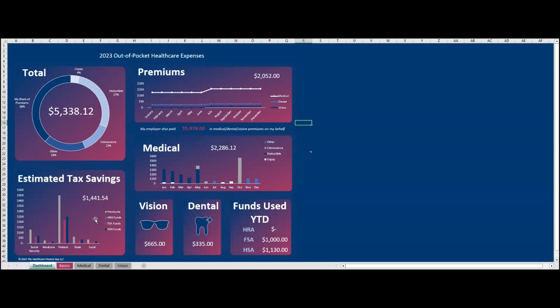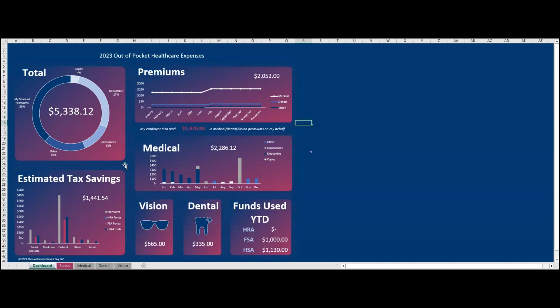As you may or may not know, if your premiums are processed pre-tax by your employer, you don't pay Social Security, Medicare, federal, state, or local taxes on those funds. Similarly, you also don't pay Social Security, Medicare, federal, state, and local taxes on HRA, FSA, or HSA funds. This is a really nice section of the dashboard because this is probably not going to be presented to you in any other way by any other company.